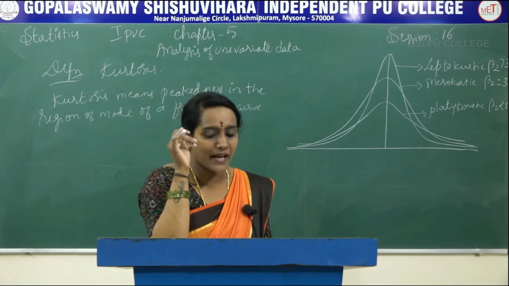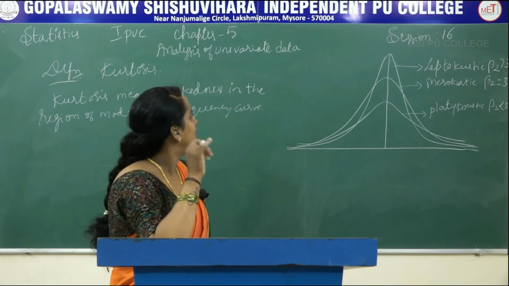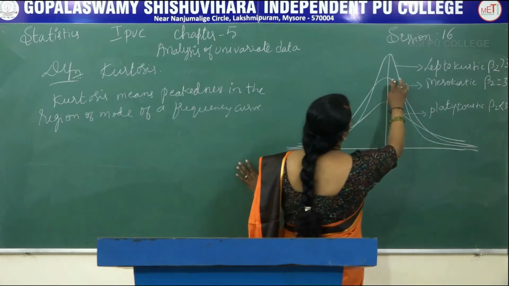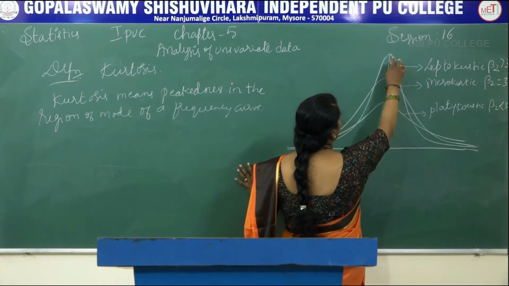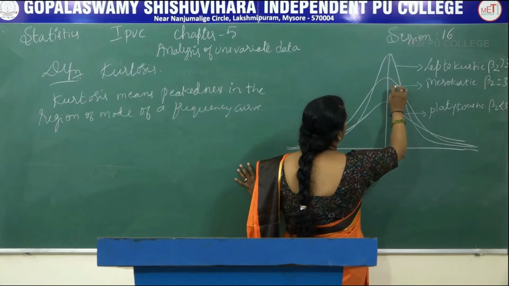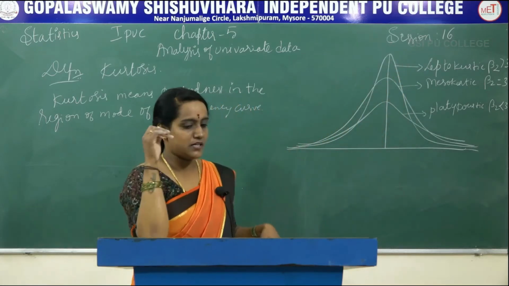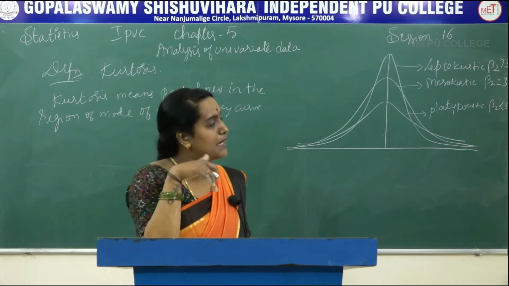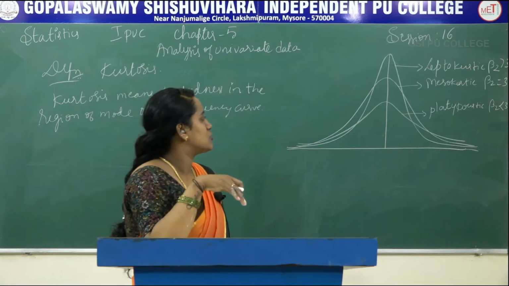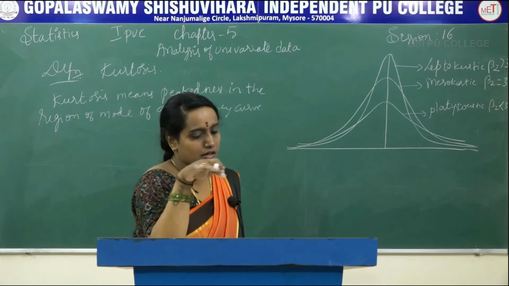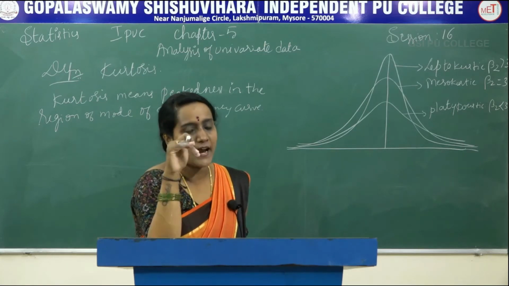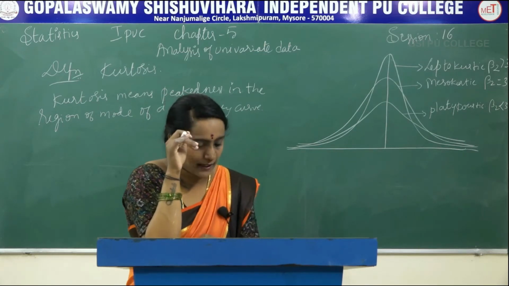A curve which is more peaked than a normal curve is called leptocurtic. Since this is a normal curve, peakedness is more in this leptocurtic. Another one is the curve which is less peaked than a normal curve. This is called platycurtic. It tends to be flat, so it is platycurtic.